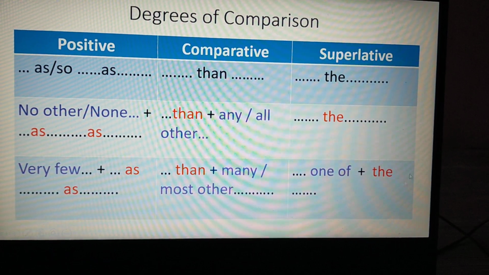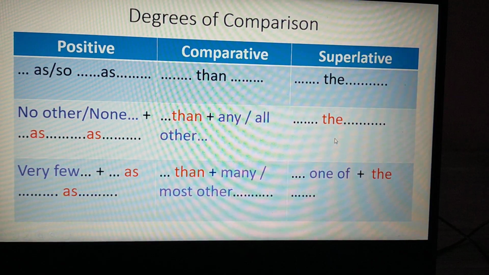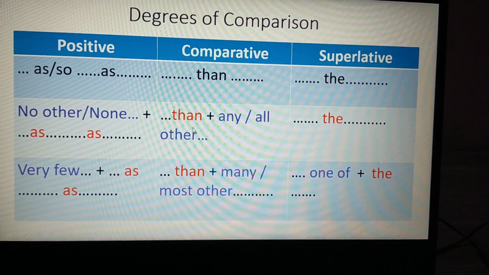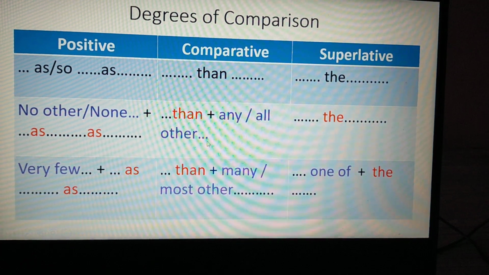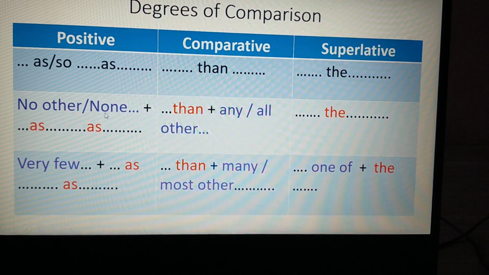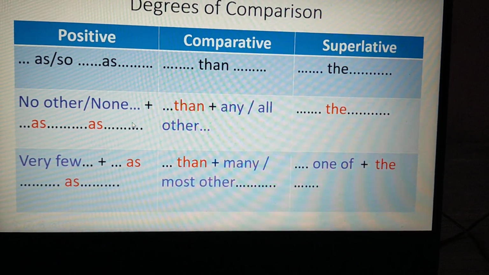It all depends upon this. If you have just "the" before the superlative degree, to change into comparative you have to use than plus any or all other. And to change into positive degree, you can begin your sentence with no other or none.